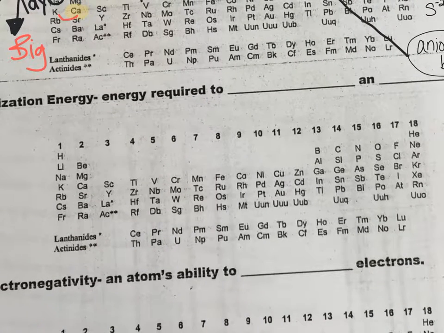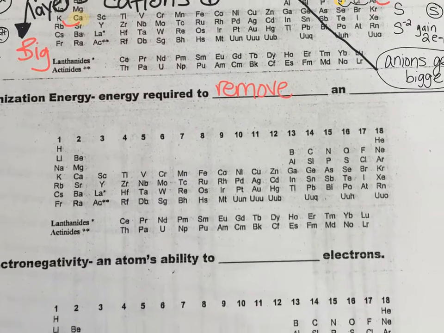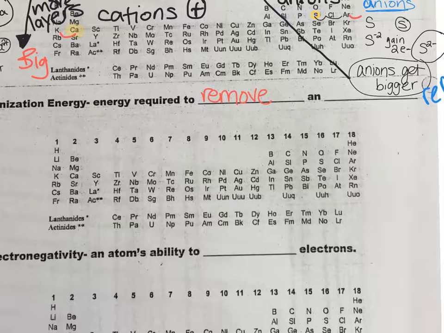Ionization energy. Just a reminder, ionization energy is the energy required to remove an electron. Just like ions, between calcium and sulfur, calcium is going to give it away and sulfur wants to take them.